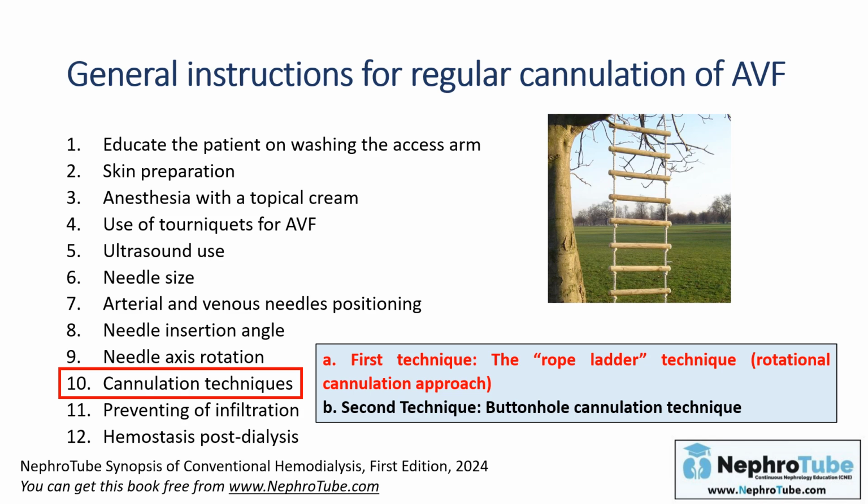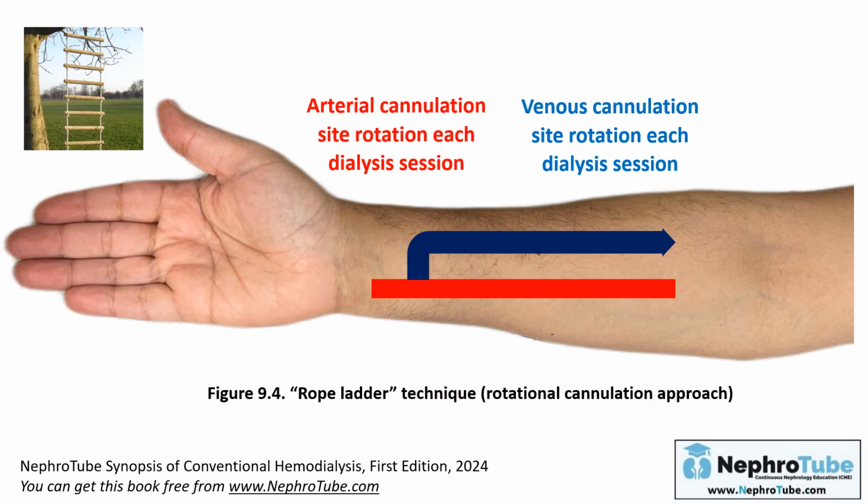It is called rope ladder in relation to the rope ladder in this picture. The rope ladder approach means using the entire length of the access for cannulation without localizing the needle in only two fixed areas.